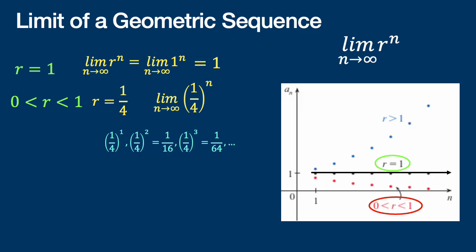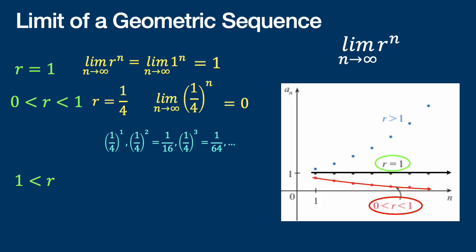Also look at the behavior of this sequence. Getting close to what? Getting close to 0. So when R is between 0 and 1, the limit of this geometric sequence approaches 0.